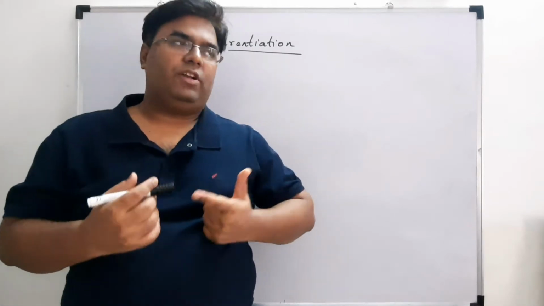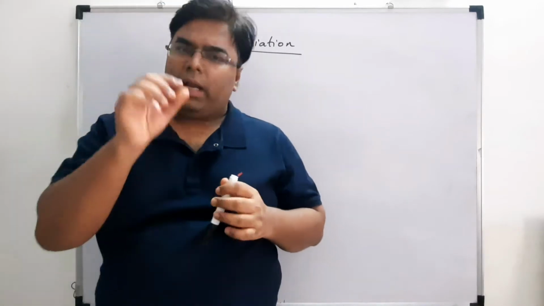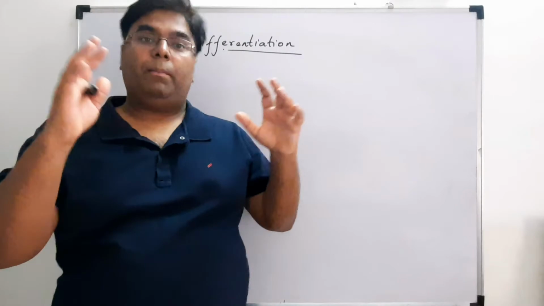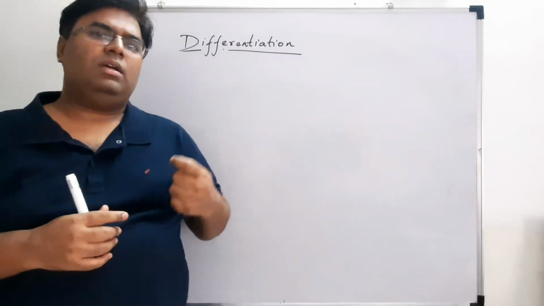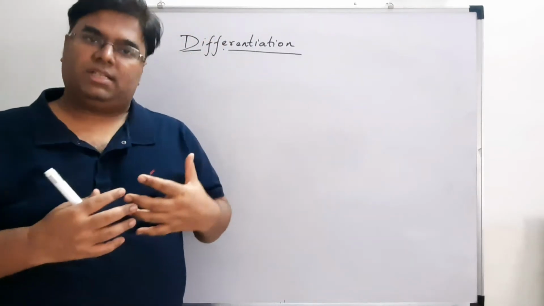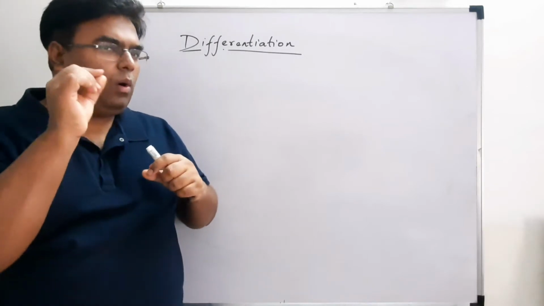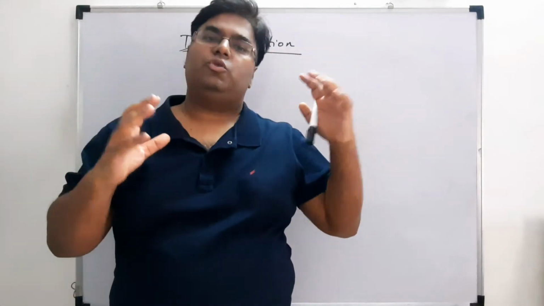What is differentiation? Differentiation is basically to find out the smallest change in anything. We know the big change, now we want to know the smallest change, smallest ever change we can find out. That is known as differentiation. And integration is that if we know the small part of anything, how to find the large part of that.